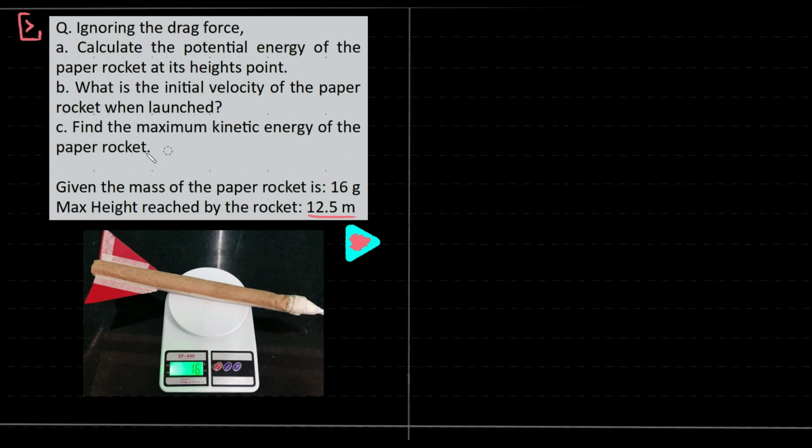Find the maximum kinetic energy of the paper rocket. Given the mass of the paper rocket to be 16 grams. So you can see here it weighs around 16 grams. Now, how will we go about doing this? Very first thing is, we have been given a rocket that we are launching from point A to point B. And we have this take off with the initial velocity of more than 0, and the final velocity is equal to 0 at the highest point.